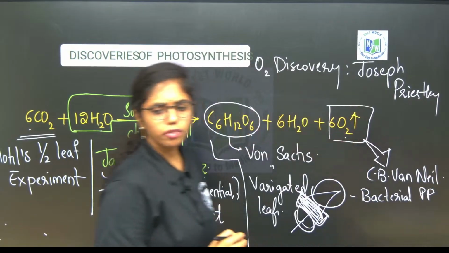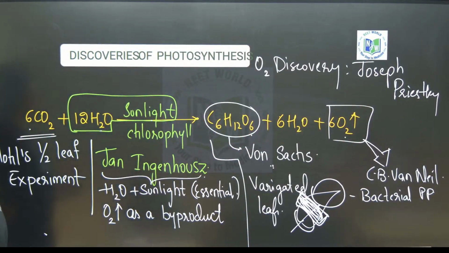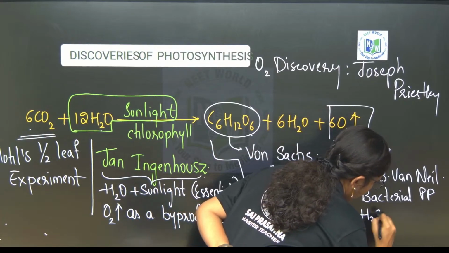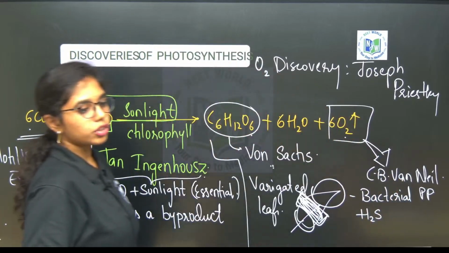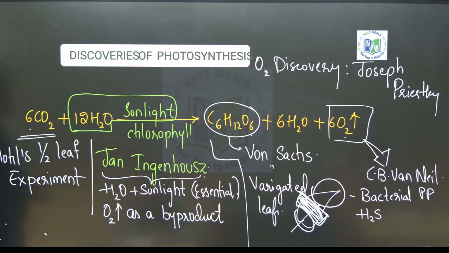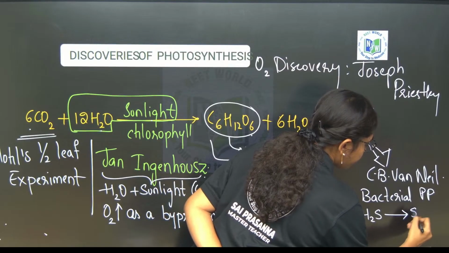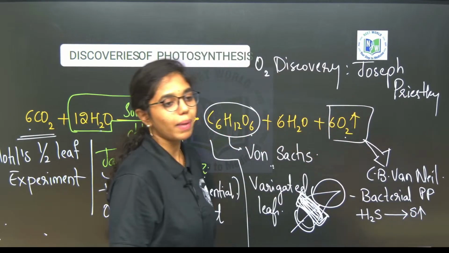What is bacterial photosynthesis? Anoxygenic photosynthesis, where the electron donor will be H2S. Electron donor will be what? H2S mostly. So, from here, sulfur molecules are evolved as byproducts.